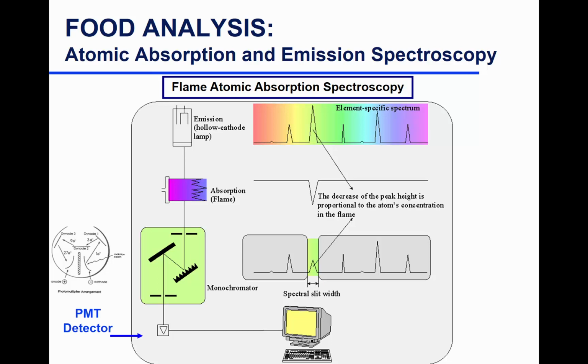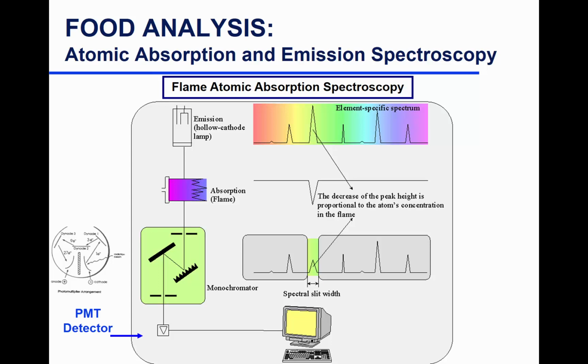You pre-selected it; you already know where you have maximum absorption. Then the transmitted light gets detected by a photomultiplier tube detector we talked about last time. The transmission gets converted to absorption, and then you get your readout.